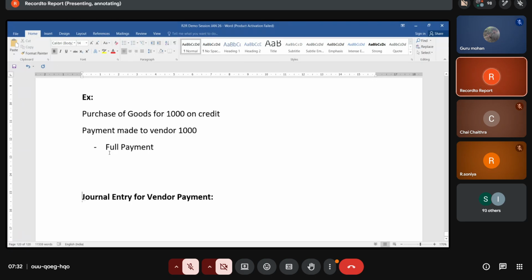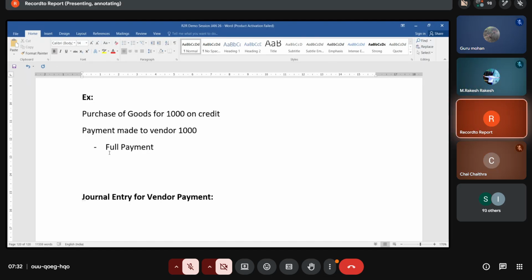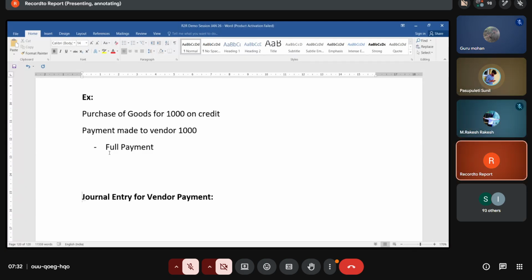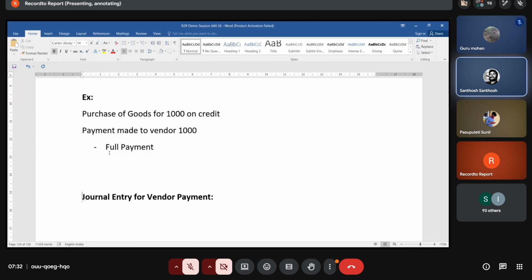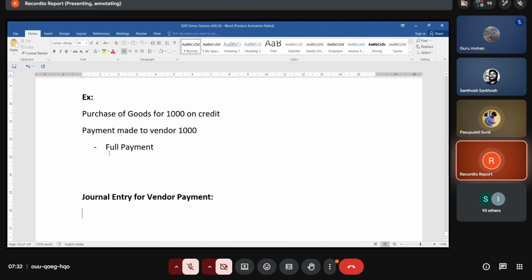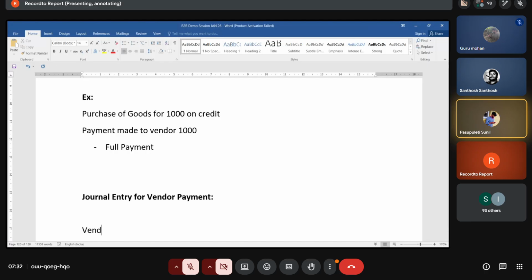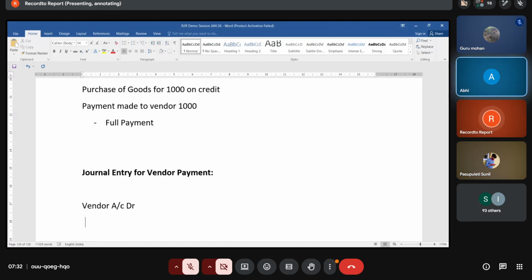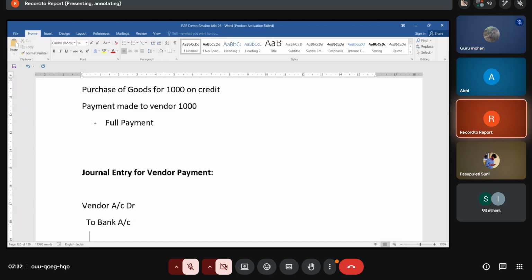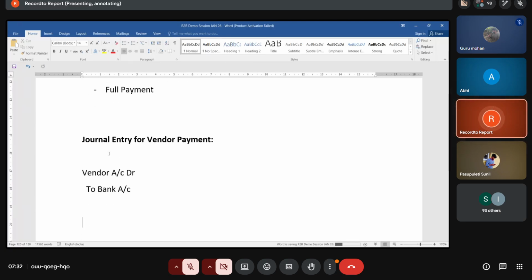What is the entry? Vendor account debit to bank.